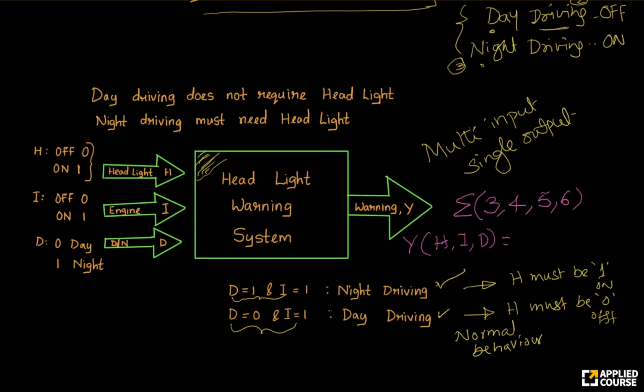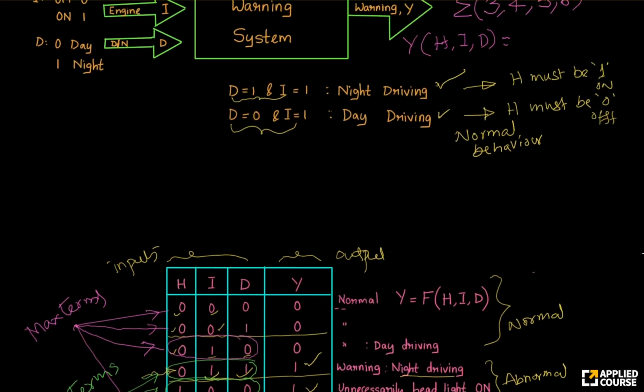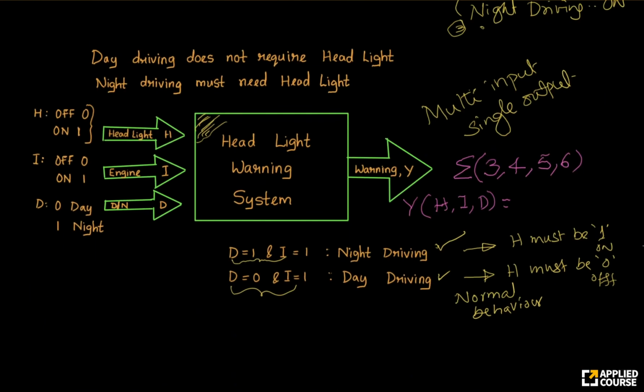So what will be the Boolean expression for it? It can be written as pi of 0, 1, 2, 7. Interestingly, if 0 is present in the max terms, it cannot be present in the min terms. If 1 is present in max terms, it cannot be present in min terms. If 2 is present, it cannot be present in min terms. If 7 is present, it cannot be present in min terms.